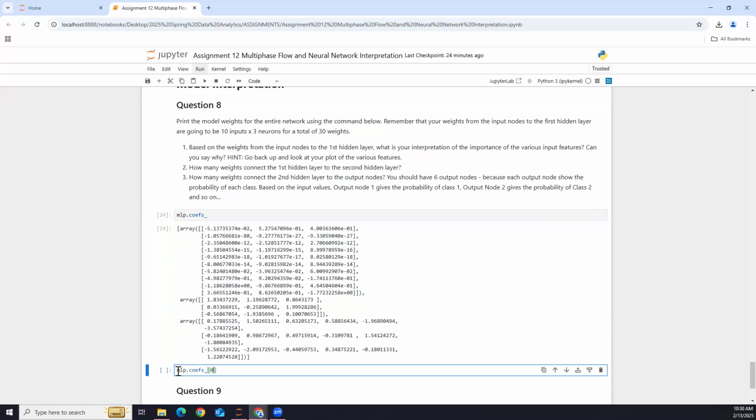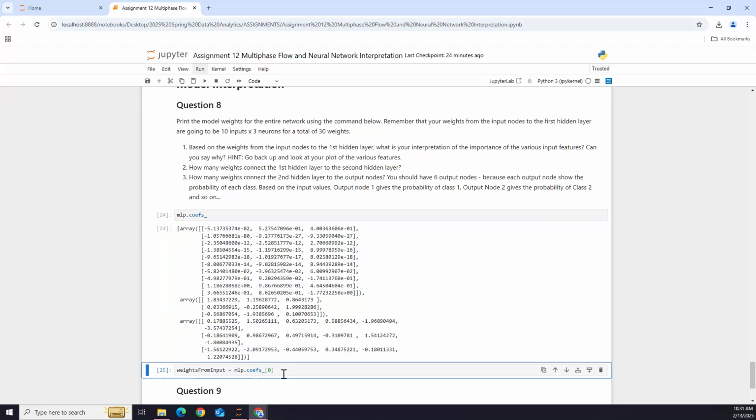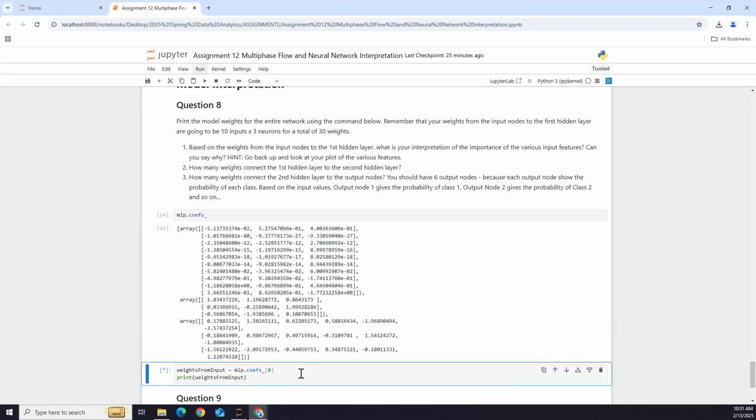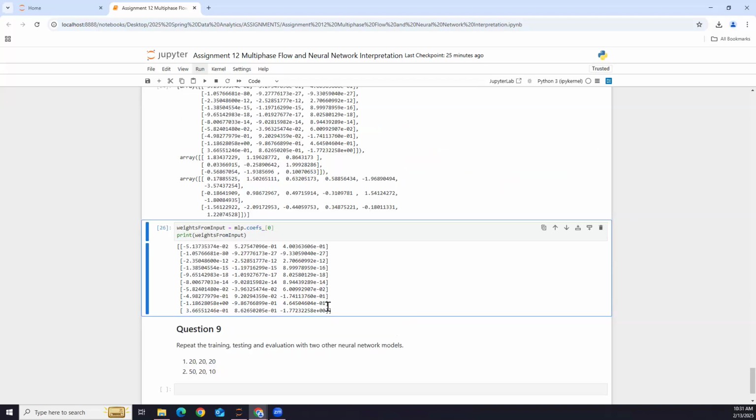Let's just say that I'm going to call this weights from the input layer. And that's going to be these numbers. It's going to be these sets of numbers.